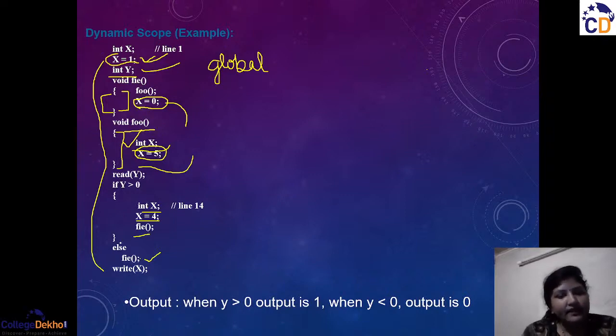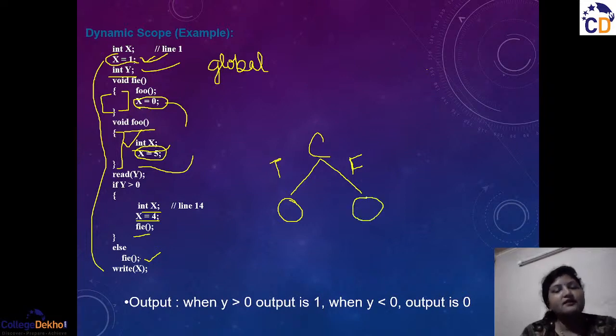And this basically works like this. How the if statement works: your condition, and if your condition is true, then this part will be executed, whatever is written in this part. And if your condition is false, then this part is executed.